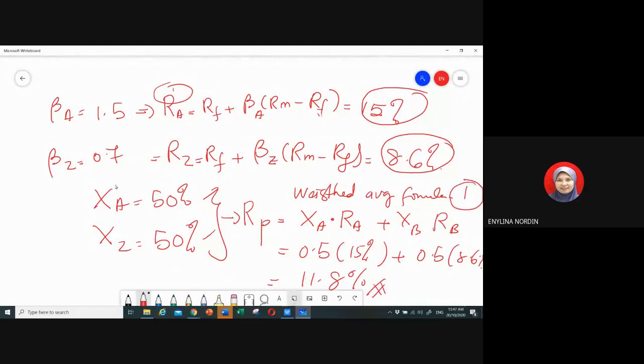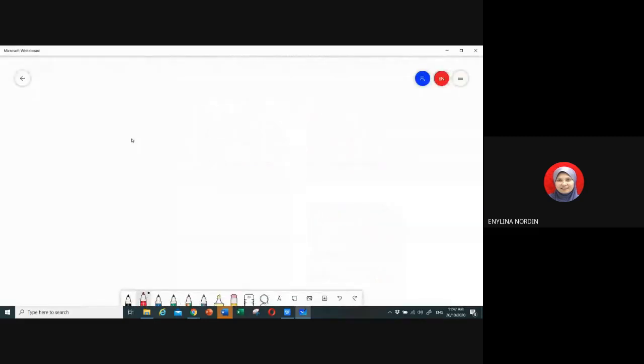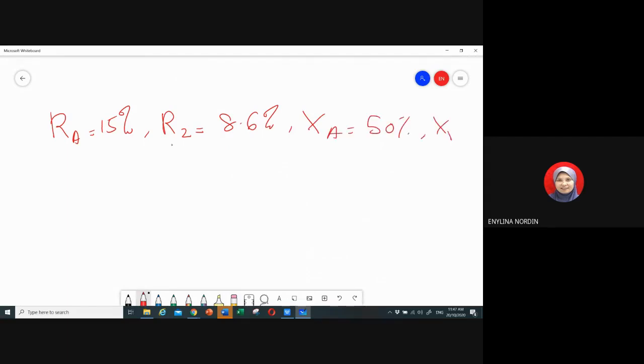What about the second method? We know the required rate of return of stock A is 15% as calculated earlier, the required rate of return of stock Z is 8.6%, and the weightage in stock A is 50% and in stock Z also 50%.